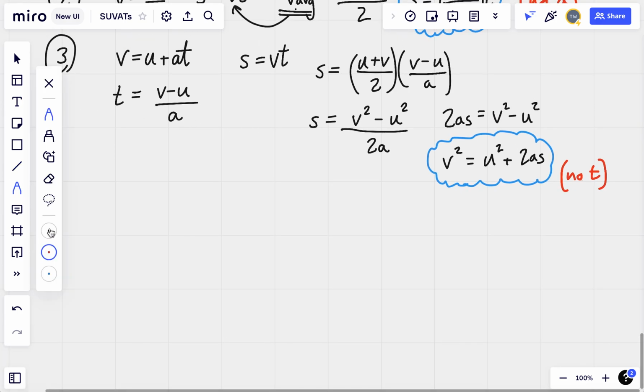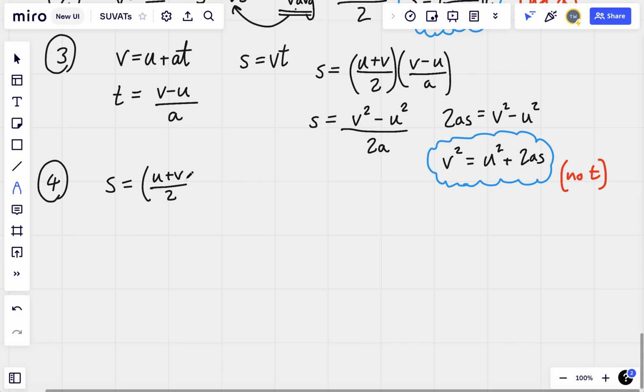Okay, moving on. Number 4, just 2 more to go. Number 4, what we do is we start with our second SUVAT, which is (u plus v over 2) times t. And what we do is essentially we're going to rearrange my first equation again, and pop it into here.